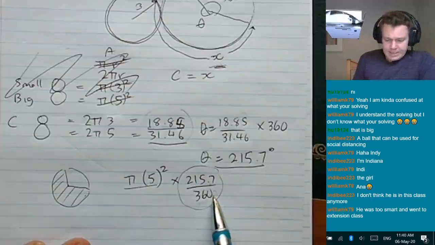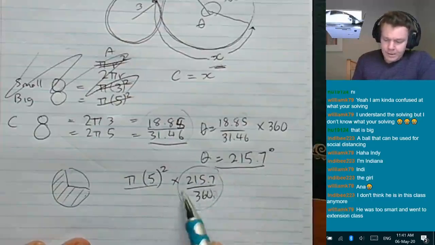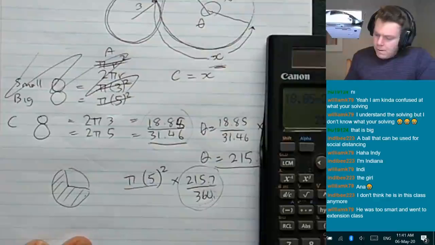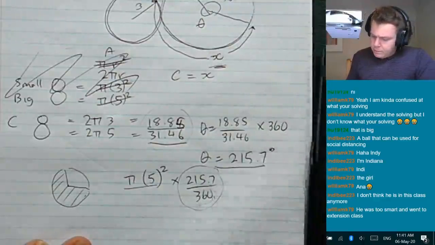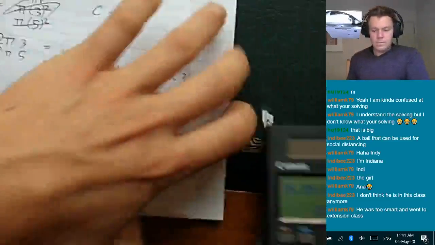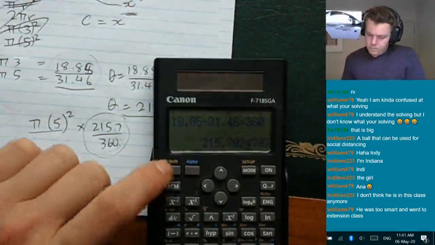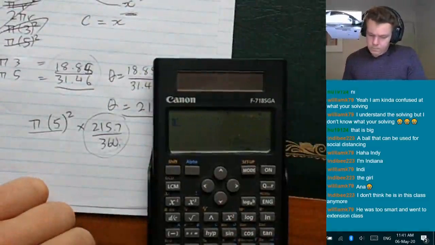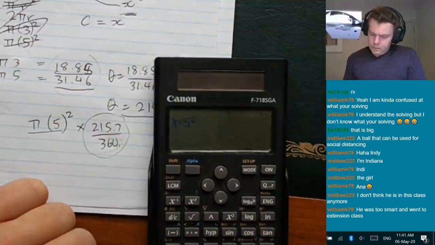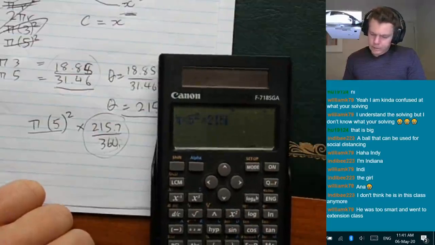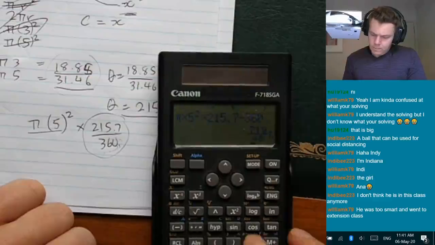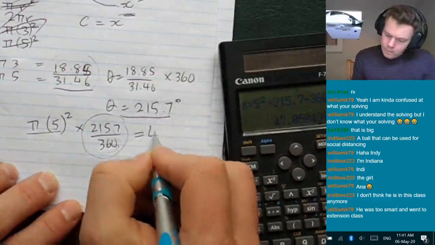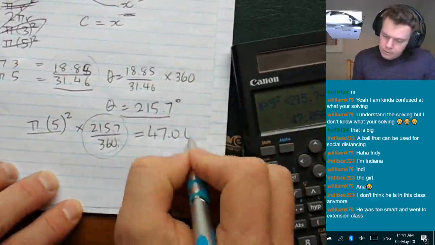It's basically a big fraction. Times 215.7 divided by 360 gives 47.06.